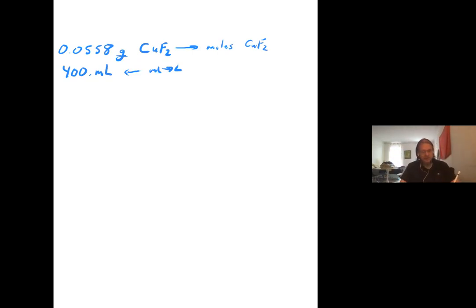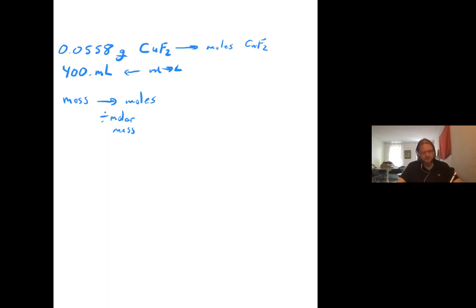Well, we use the molar mass. This is a mass to mole conversion, back from chapter 3. So we're going to divide by the molar mass. Technically speaking, they'll call it the formula mass, not the molar mass, because copper fluoride is an ionic compound. For ionic compounds we use the term formula mass, but it really is the same thing as the molar mass. So let's figure out the molar mass of copper fluoride.